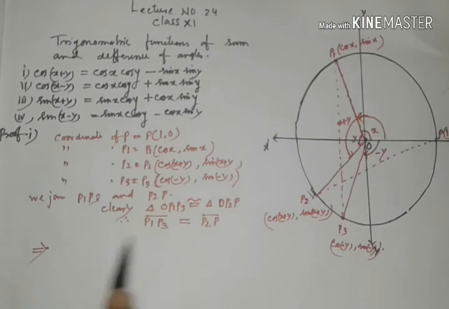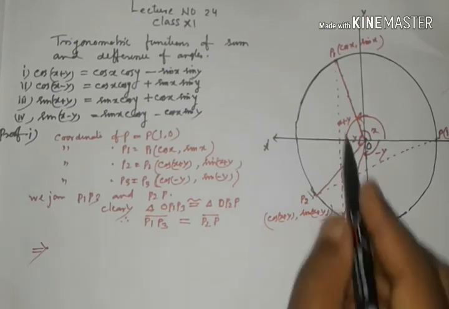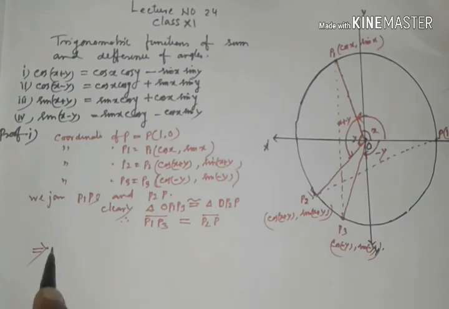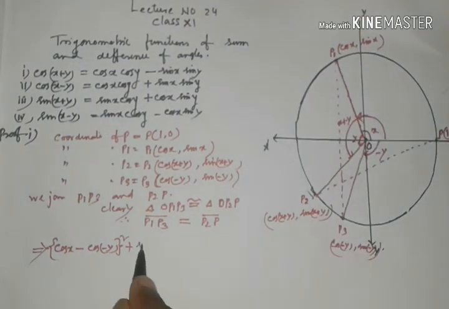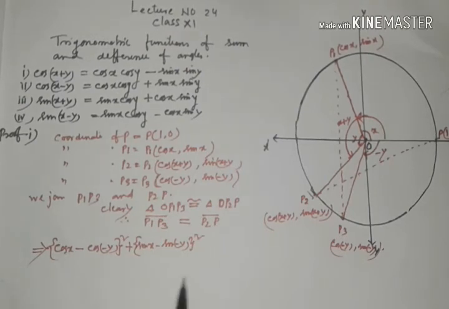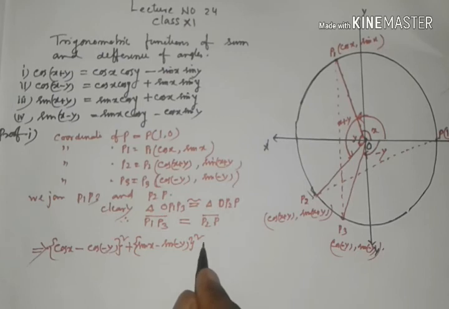The distance P1P3 is the square root of (cos x minus cos(minus y)) whole square plus (sin x minus sin(minus y)) whole square.